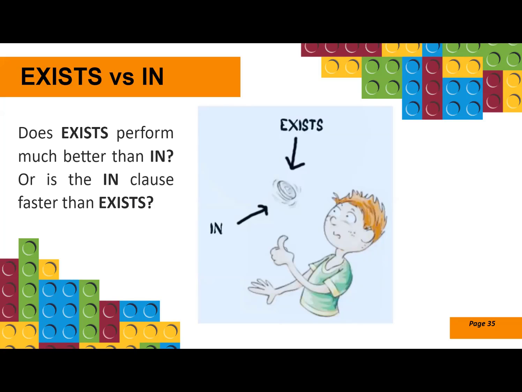about exist versus in. Again, in my SQL career, I always ask SQL experts, like, which one do you like? I like exist better. The other person said, I like in better. So does exist perform much better than in, or in clause faster than exist? If you have a coin, you can just flip it and see.